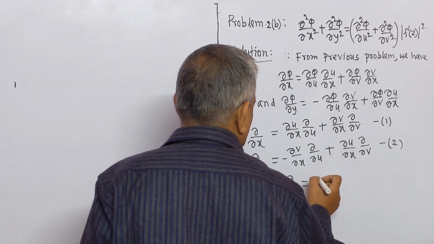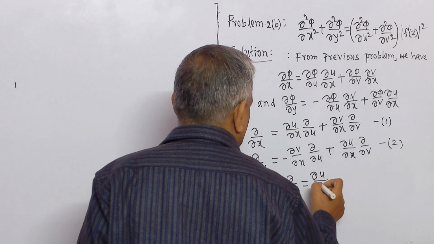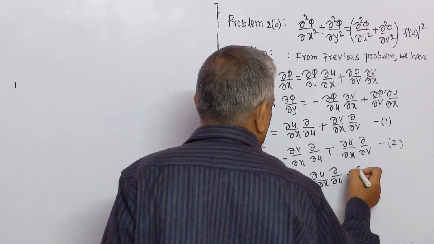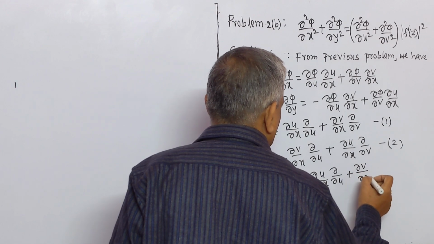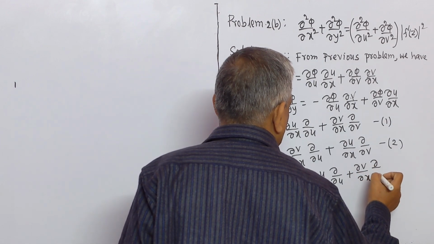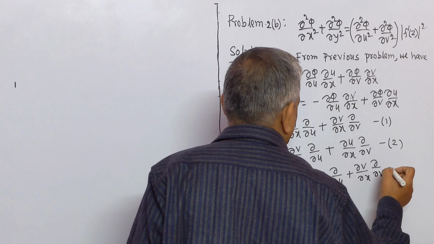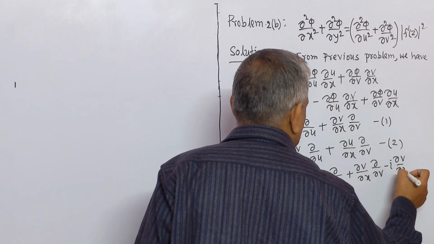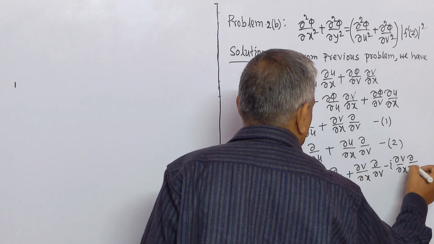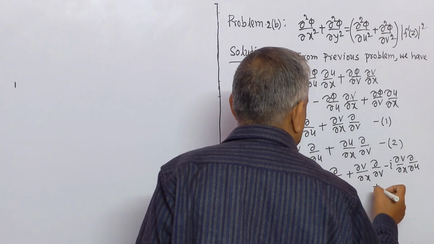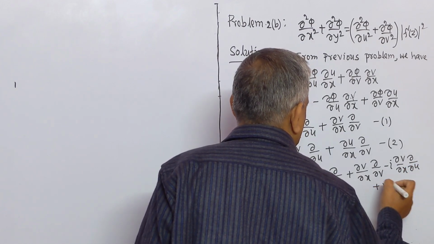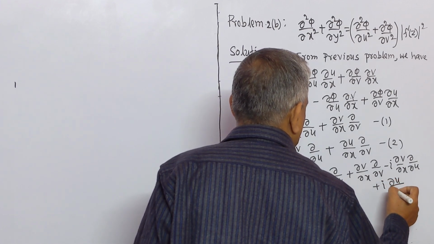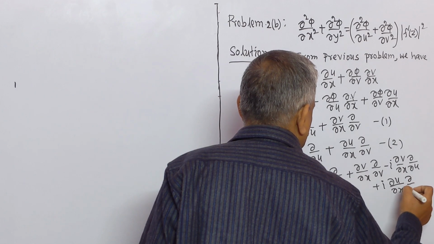Firstly we write del u by del x del by del u plus del v by del x del by del v minus i del v by del x del by del u plus i del u by del x del by del v.